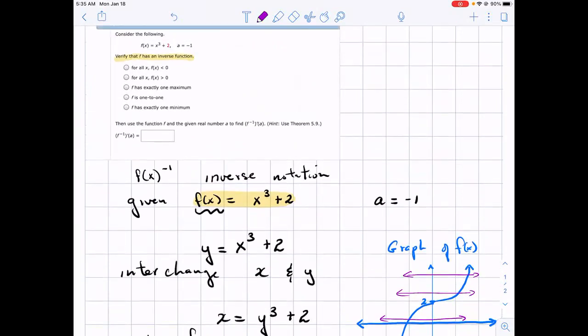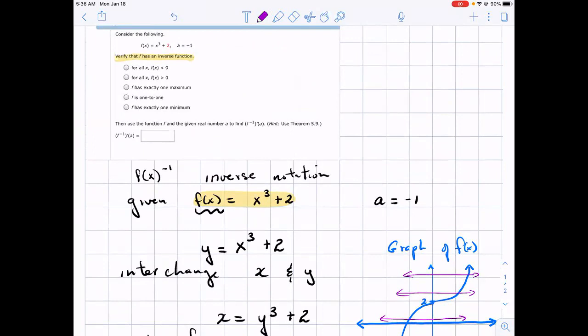Now sometimes, the inverse doesn't exist for the entire function. But if you restrict the domain, then the inverse can exist.